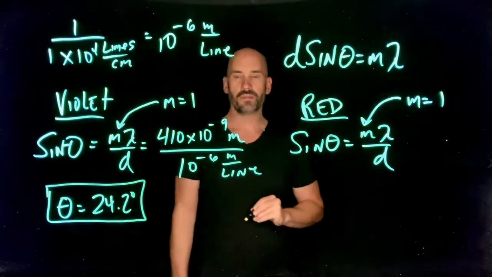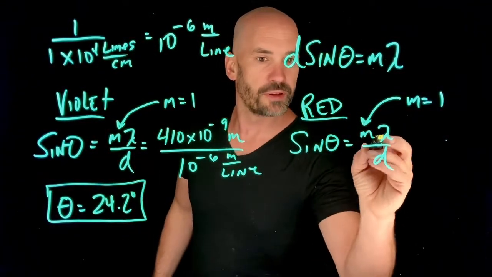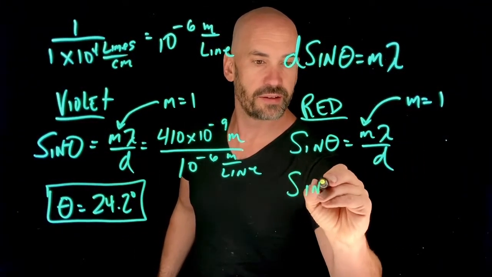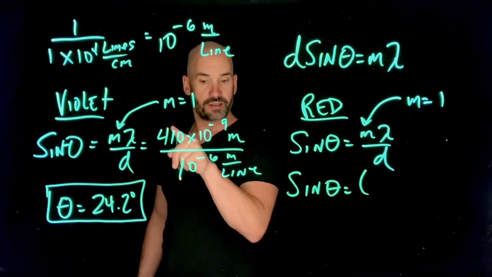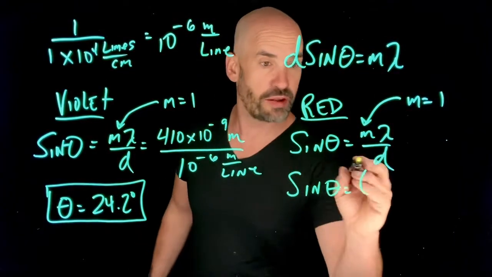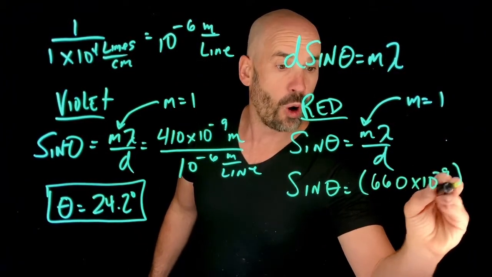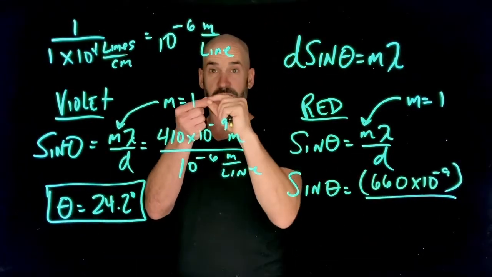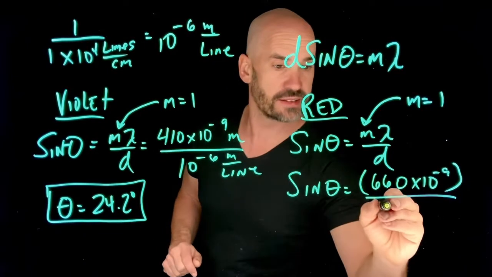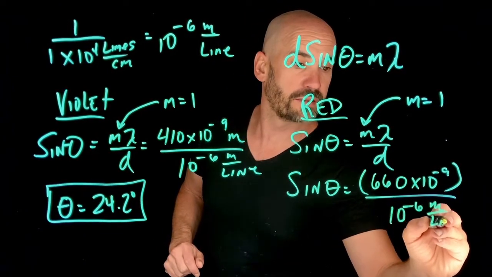Now, let's do the same thing for red. In this situation, we have sine of theta equals m, which is 1, and now the wavelength is going to change. The red light wavelength is 660 times 10 to the minus 9 over the same exact distance between slits, which is 10 to the minus 6 meters per line.